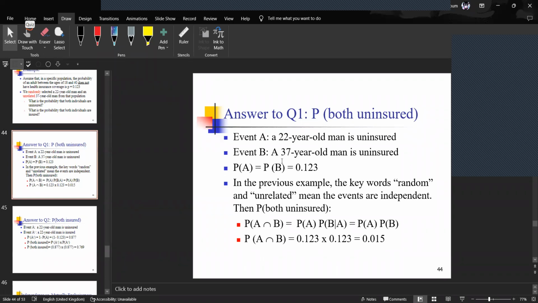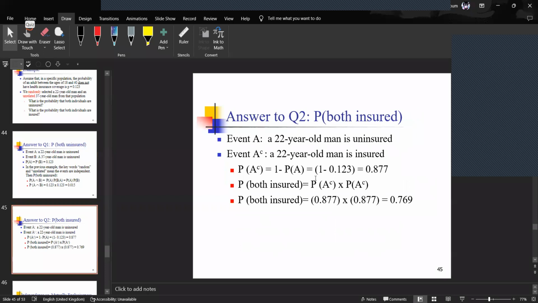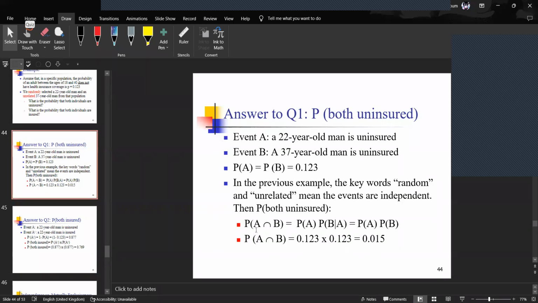So the probability of A is equal to 0.123, and the probability of B is also 0.123. Applying the multiplication rule to find their intersection, we have the probability of A, which is 0.123, multiplied by the probability of B, given that A has happened.